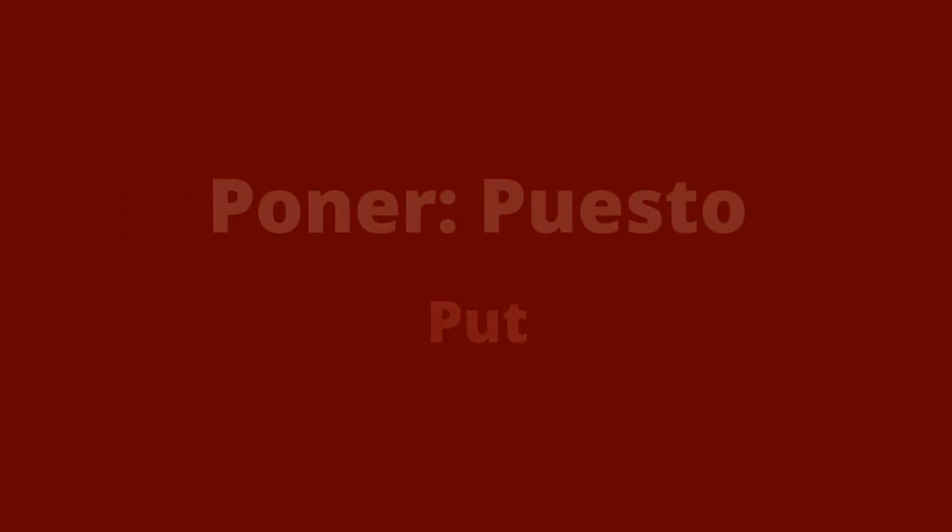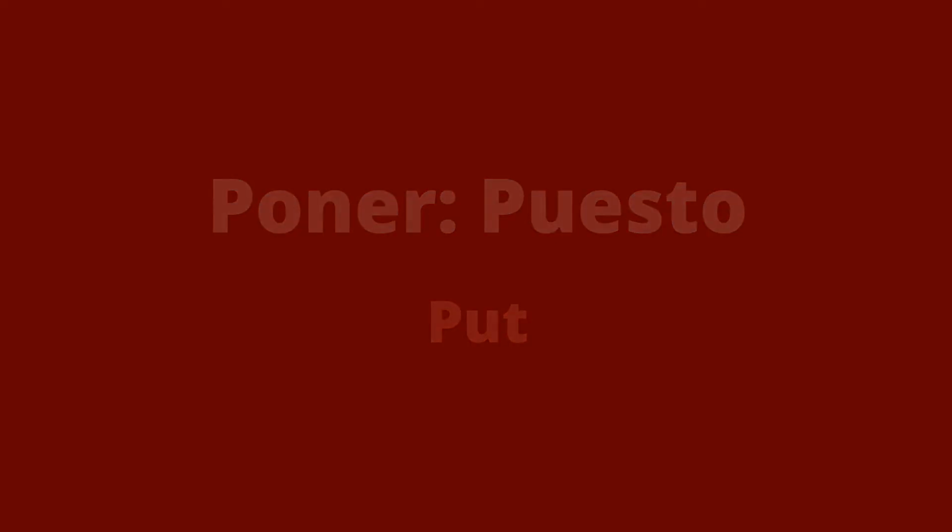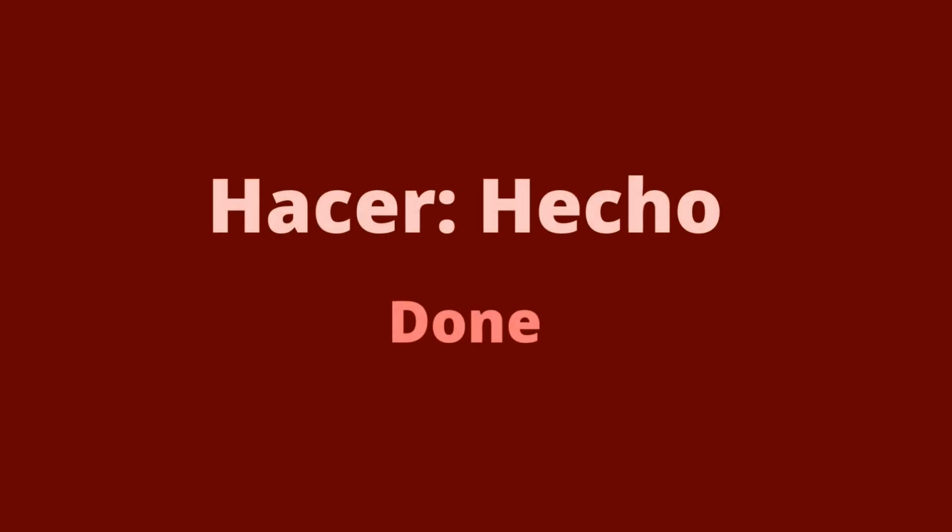To put, if you want to say I had put or you had put, rather than ponido, you'll have to say puesto. Puesto. With to do, when you want to say I had done or you had done, we had done, you don't say hacido, you'll say hecho.